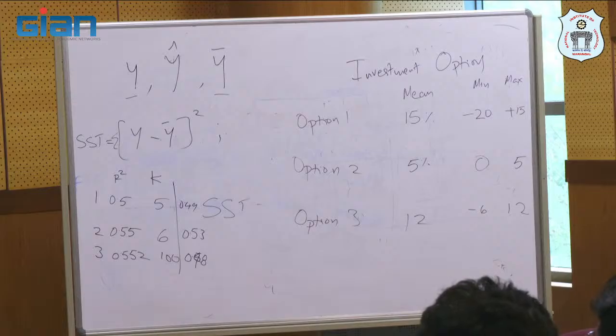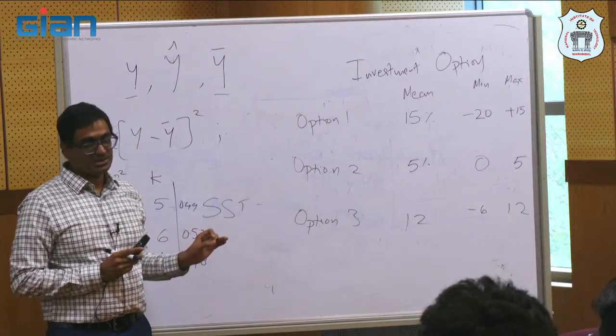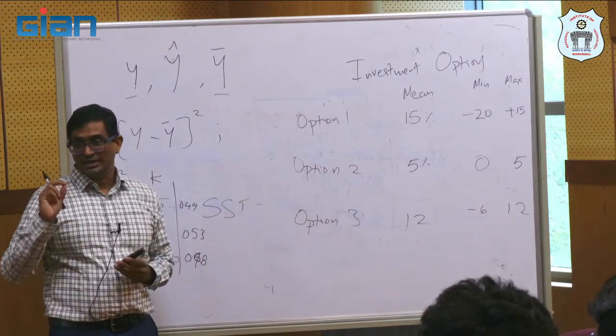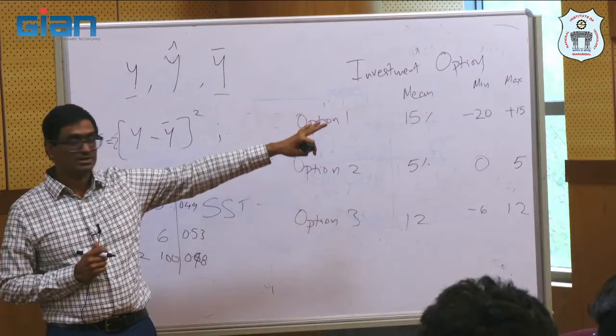So you can invest. Let's say you have 1 lakh rupees. You can invest in 3 options. Option 1 gives you a mean growth of 15% on a yearly basis; sometimes it can go down by 20%, it can go up by 15%.